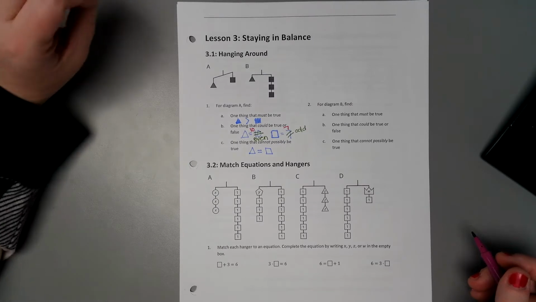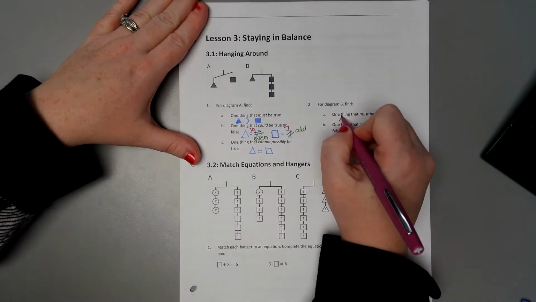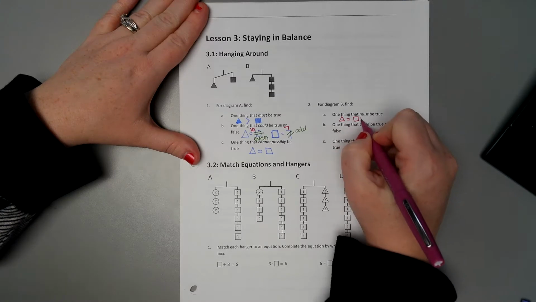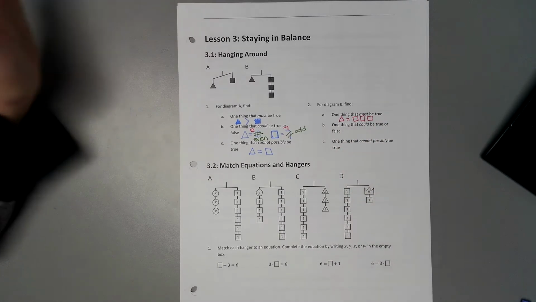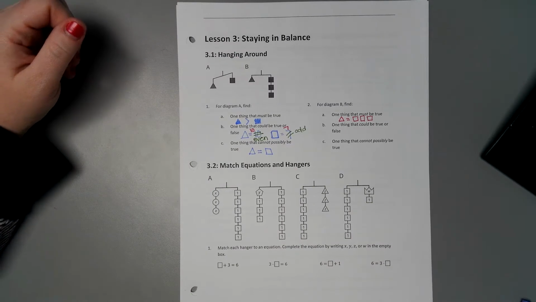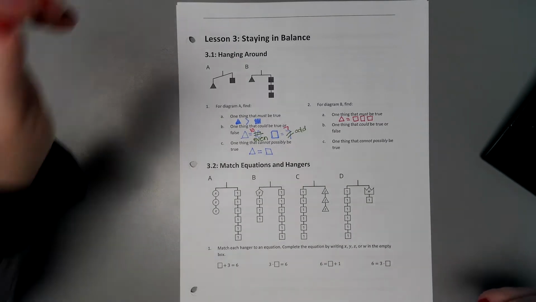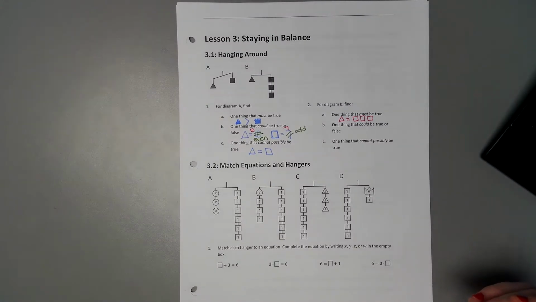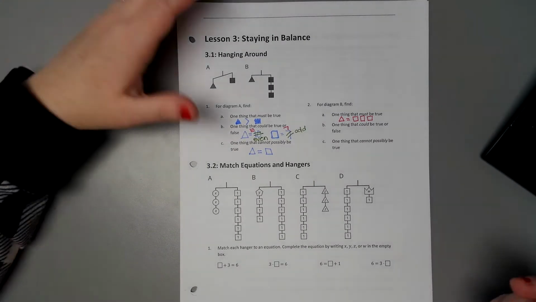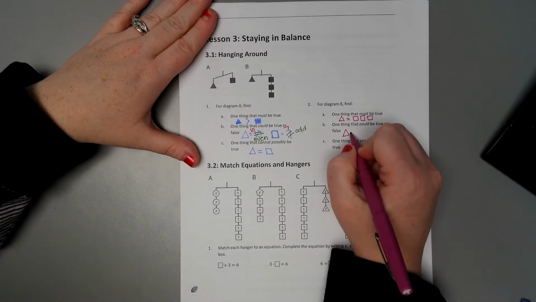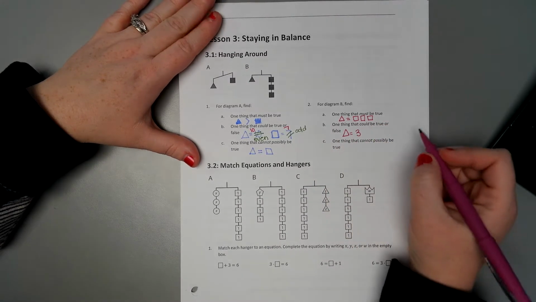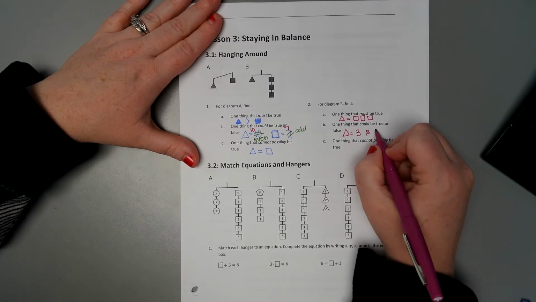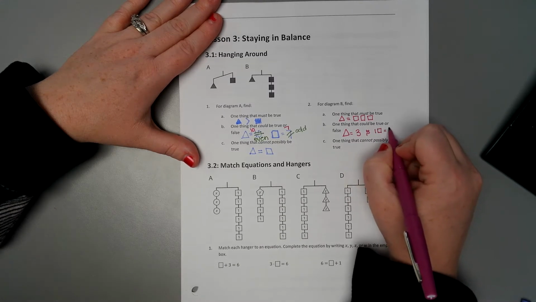Okay, so now for diagram B. Find one thing that must be true. Well, one triangle is equal to 3 squares. Okay. Find one thing that could be true or false. Well, saying that they're equal, a triangle might equal 3, and one square might equal 1.